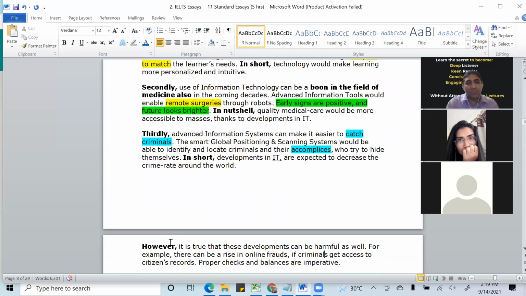However, it is true that, अब इसने थोड़ा यू टर्न मारा कि बुराइयां भी तो हैं ना, क्योंकि क्वेश्चन बोल रहा है to what extent, तो आपने वो दूसरी बात को भी जस्टिफाई कर दिया है। These developments can be harmful as well.